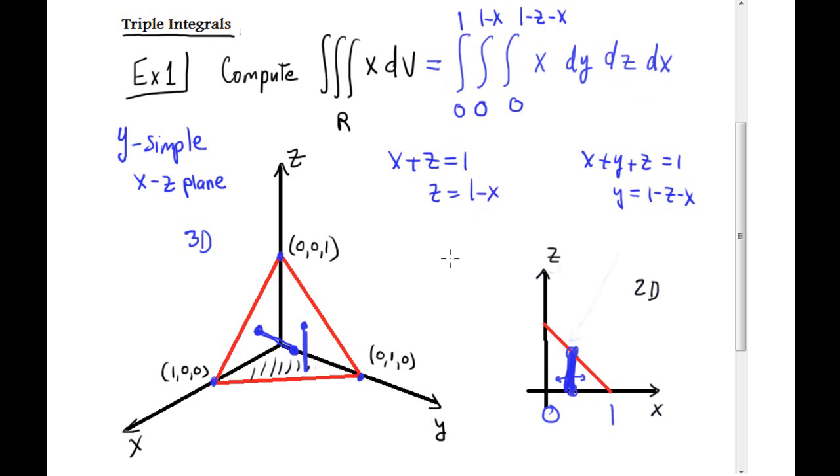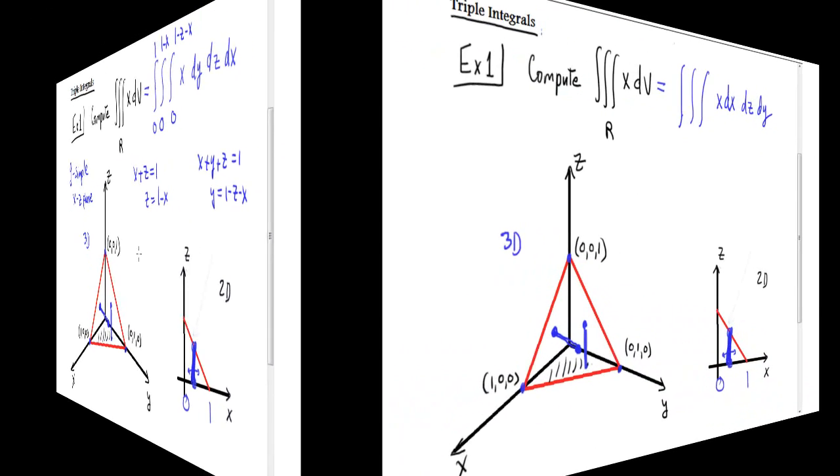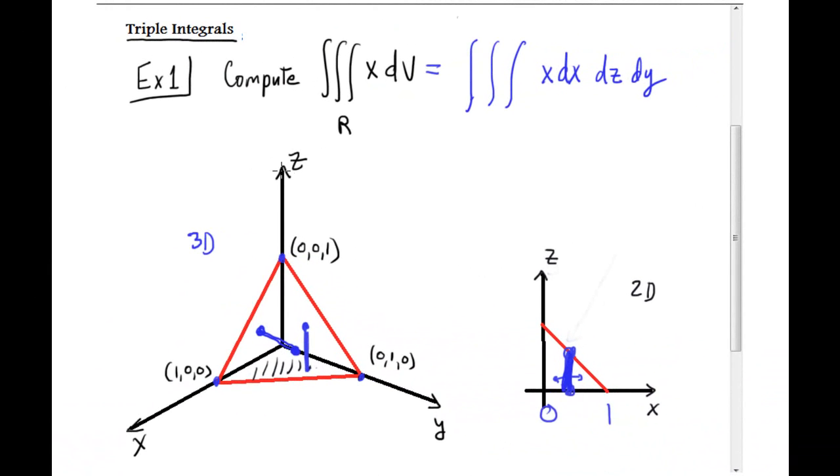Similarly, we are doing it in another direction. Okay, now suppose you make a decision to do the integration first using x simple. Remember, x simple, the projection is in the yz axis.